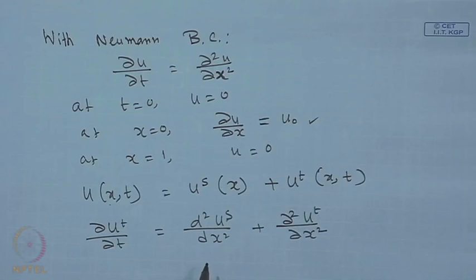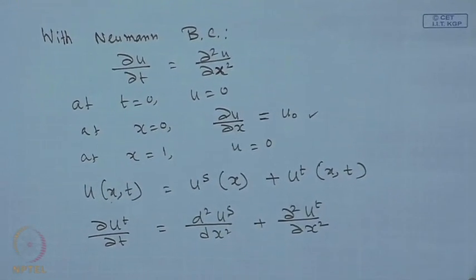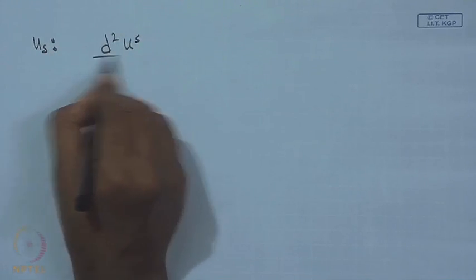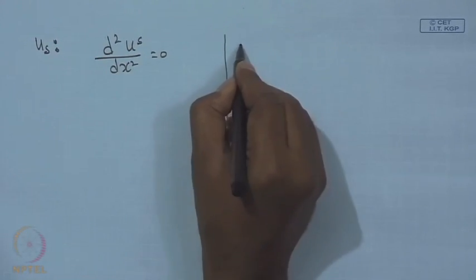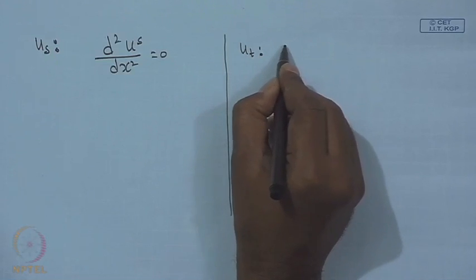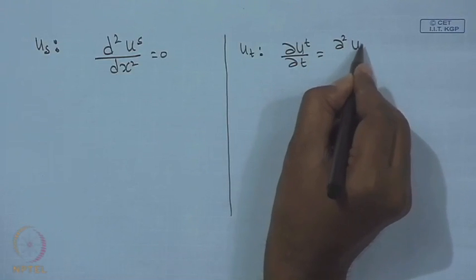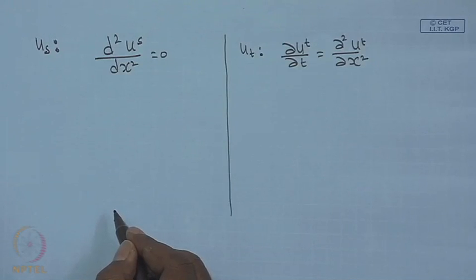Then we collect the similar order terms and formulate the governing equation of u s and u t. So, for u s, the governing equation is d square u s d x square is equal to 0, and for u t we will be having del u t del t is equal to del square u t del x square.